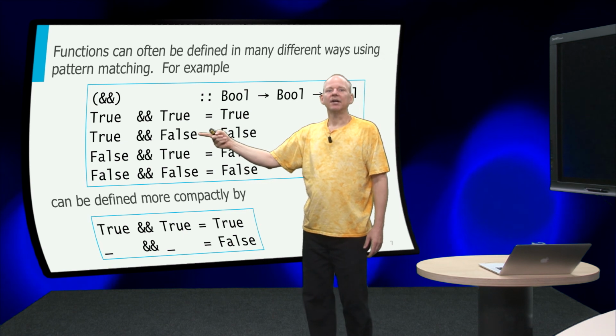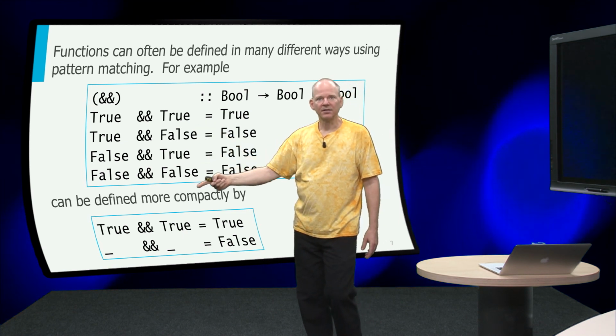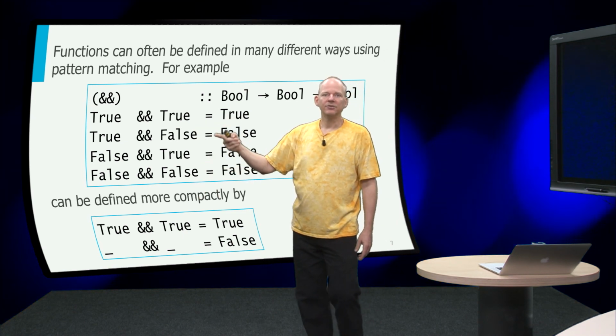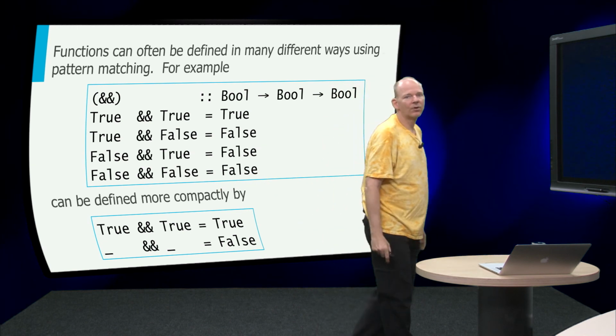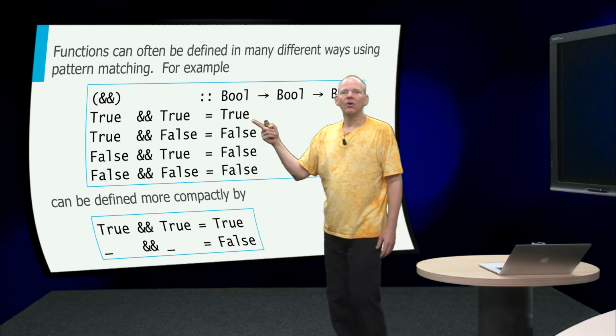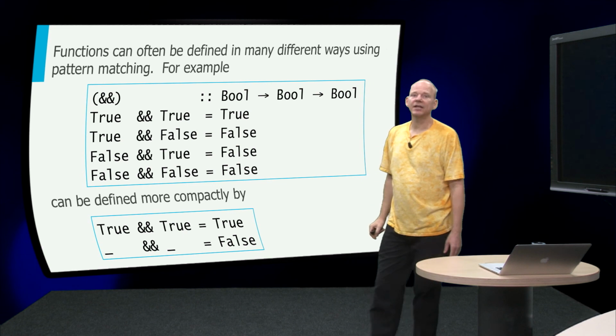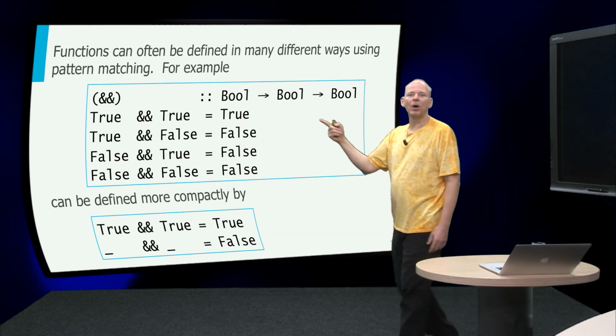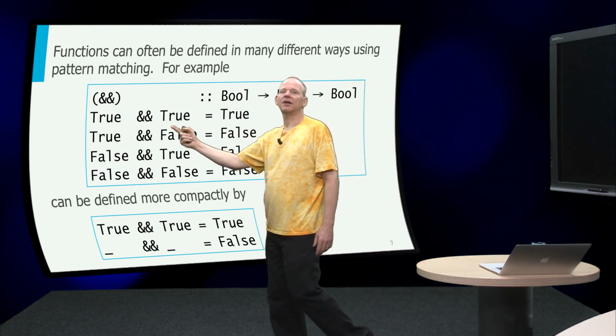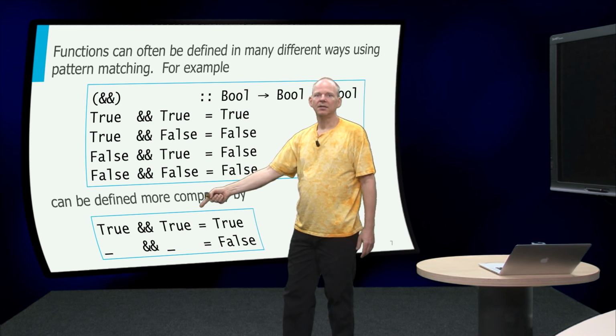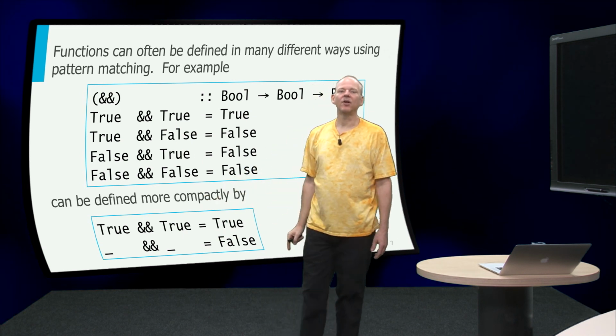So we can write that down. But if you look at all of this, you see that it can be written even more compactly. Because the only case where this thing is true is when both arguments here are true. Okay? And in all other cases, it's false.